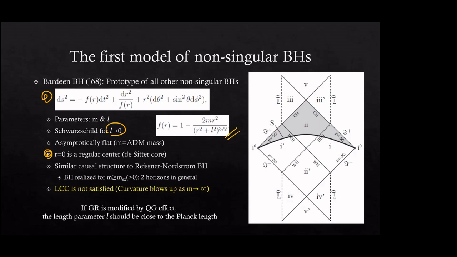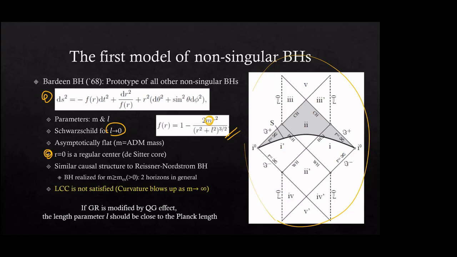And the global structure of this non-singular black hole, the Bardeen black hole, is similar to the Reissner-Nordström black hole, so like this. And in general, there are two horizons if the mass parameter is larger than the extremal value. And this Bardeen black hole does not satisfy the limiting curvature condition because there is a parameter in the numerator.